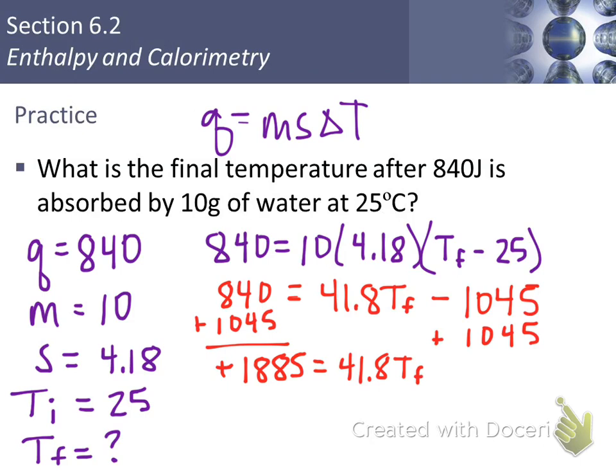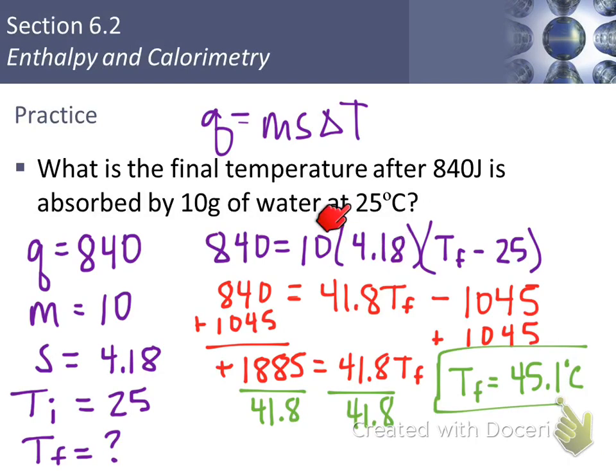I divide over my 41.8. And we get TF equal to 45.1 degrees Celsius. If the first temperature is given in Celsius, then our final temperature is Celsius. If the first one's Kelvin, then the final will be Kelvin. Okay? Any questions on the algebra as to how we got through that?